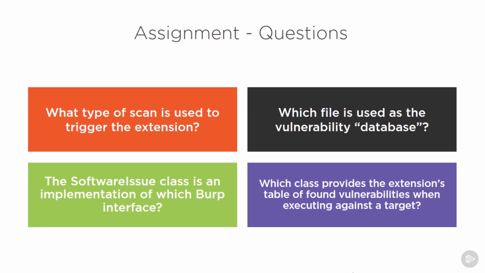And then the last question is, which class provides the extension's table of found vulnerabilities when executing against a target? As you can imagine, this particular sample code is very large, and so by answering these questions, you will have an opportunity to look more closely at all of the various pieces involved in building this extension.